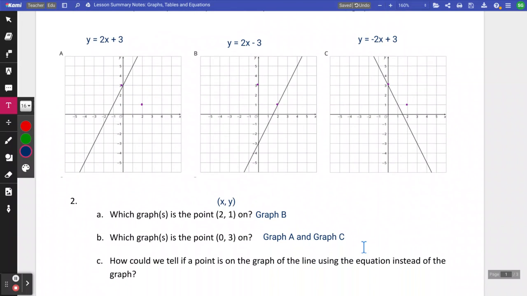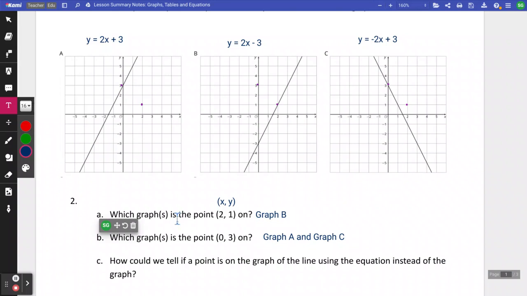The follow-up question to that is, when I was checking those points to see if they were on the graphs, I was looking at the graph, right? I was finding that coordinate point on our graph and checking to see, did that line run through it? Part C here is asking, how could we tell if a point is on the graph of the line using the equation instead of the graph?